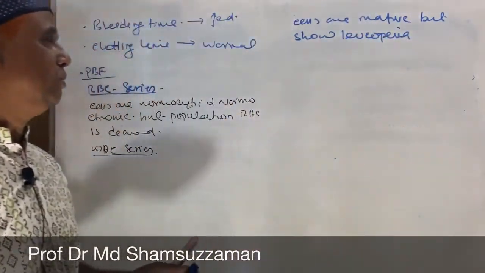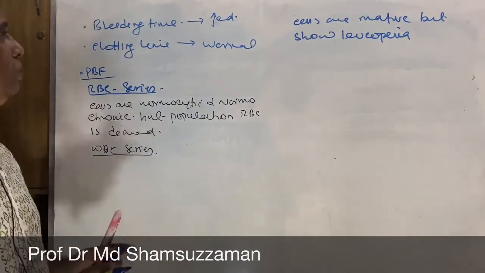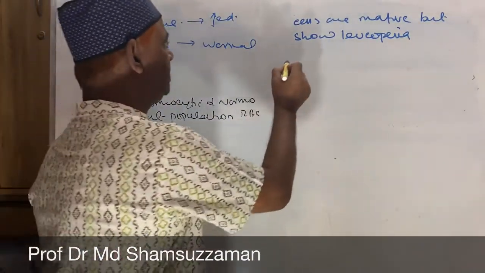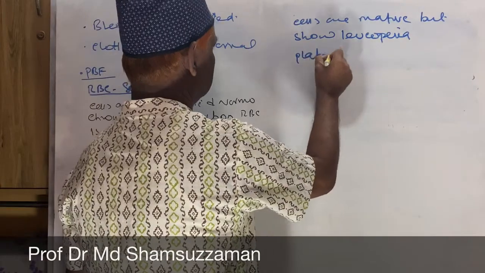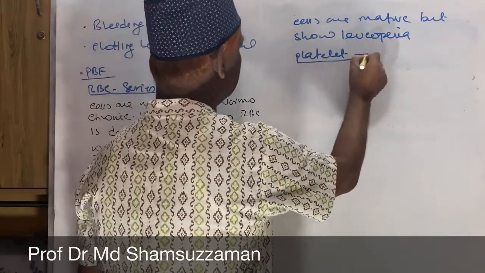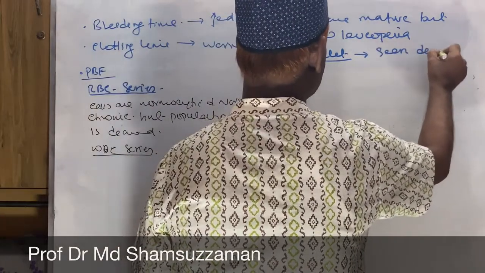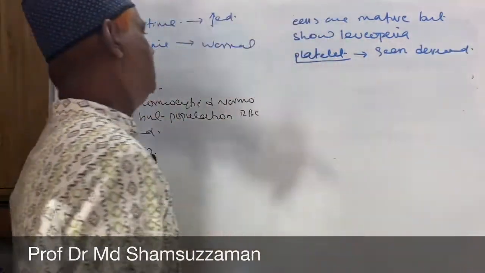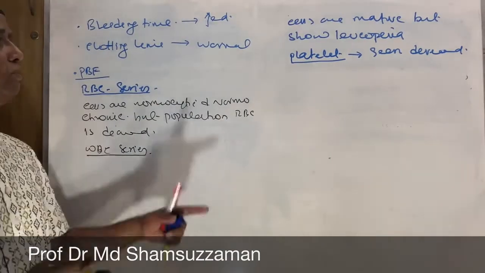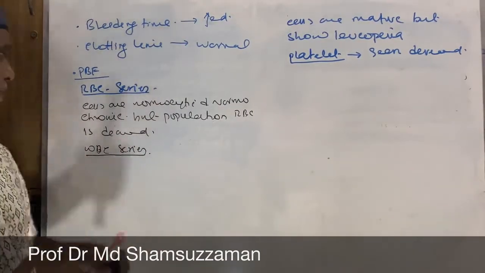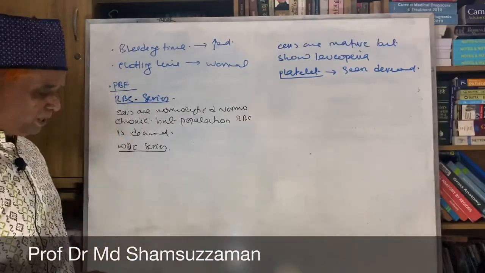Then platelets are seen decreased in the film. In the film, the population of platelets is decreased. So these are the peripheral blood film findings.